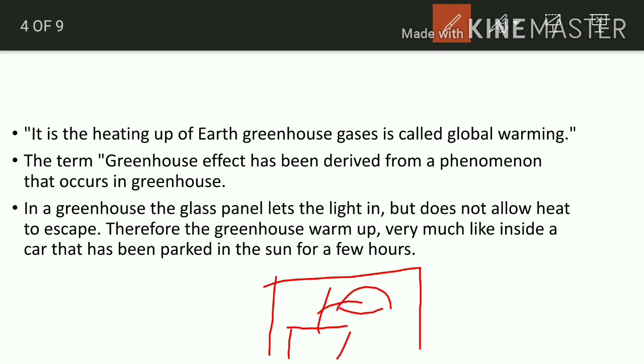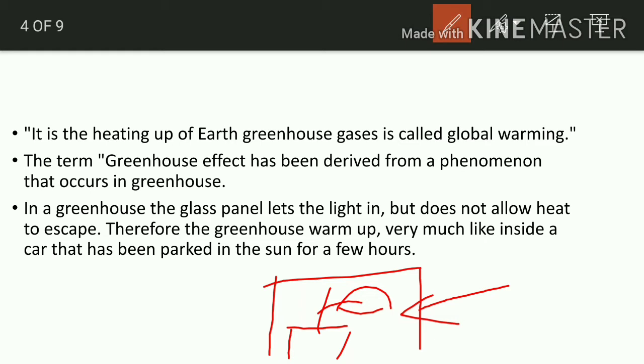It is a green colored glass sheet. It doesn't allow much solar energy from the sun, because the nursery plants grown inside the glass panel don't require much solar energy, only a small amount of energy from the sun.